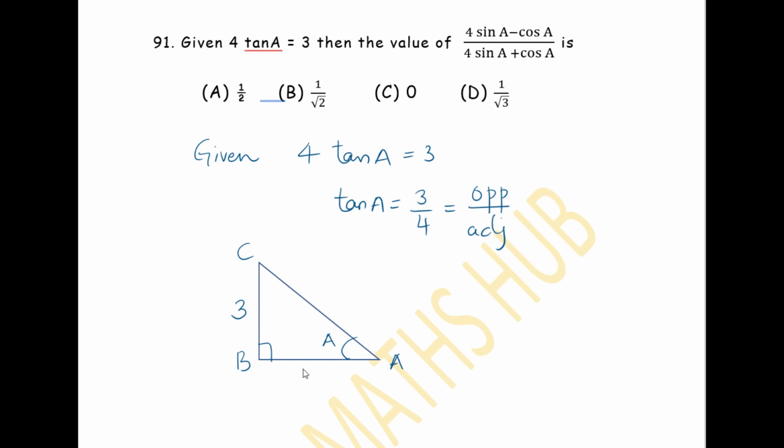Adjacent is BA, therefore it is 4. Now the hypotenuse AC is 5, by using the concept of Pythagoras triplet or the Pythagoras theorem.